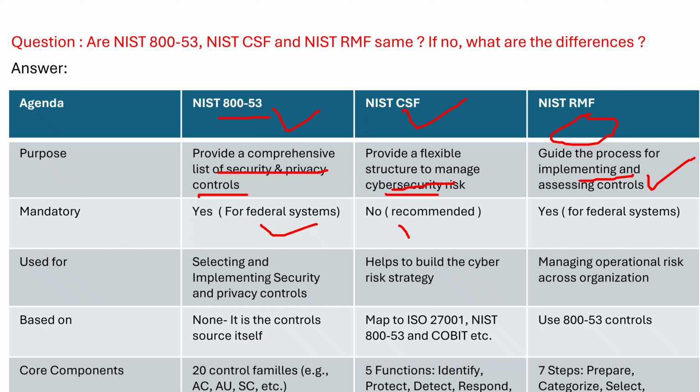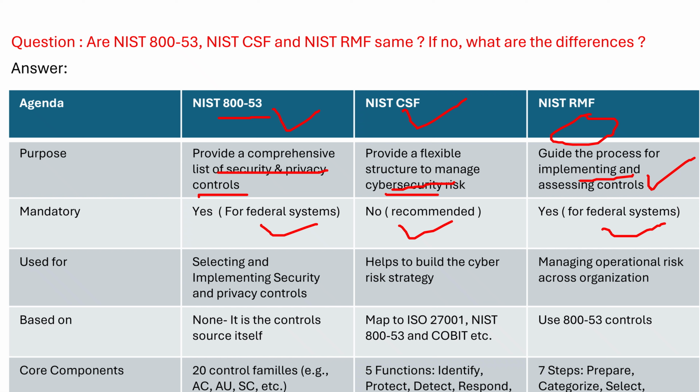CSF is not mandated, but they recommend it, and NIST RMF, yes, for the federal system. So any organization associated with the United States must adhere to NIST 853 and NIST RMF. But there is no specific mandate for NIST CSF.